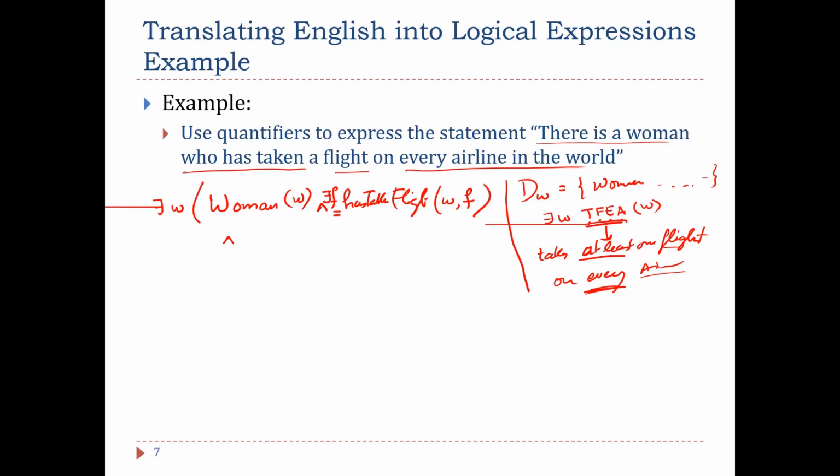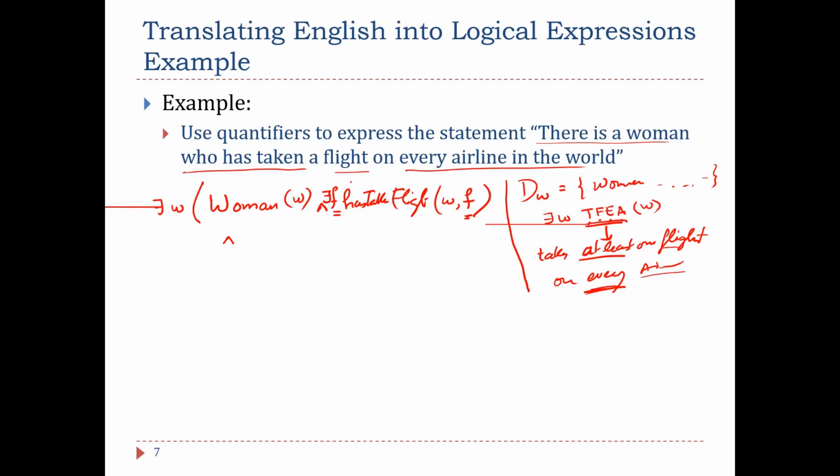And actually I should show that that flight could be operated by any airline company, okay? So I need to talk about the flight and the airline company at the same time, okay? So, well, the flight is related to the airline company because it is operated by that airline company.